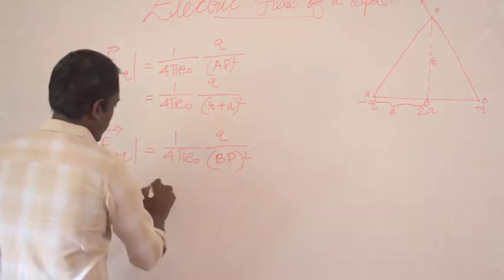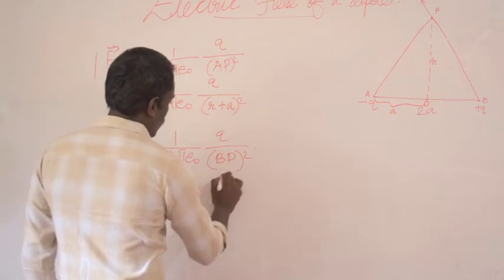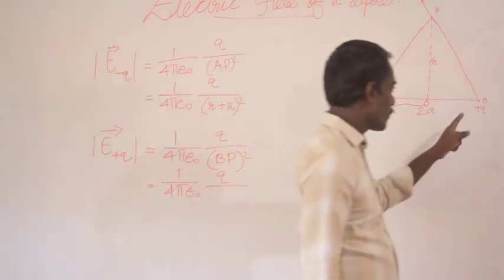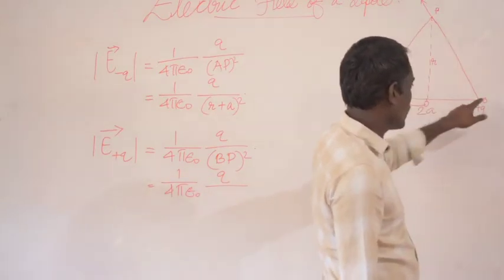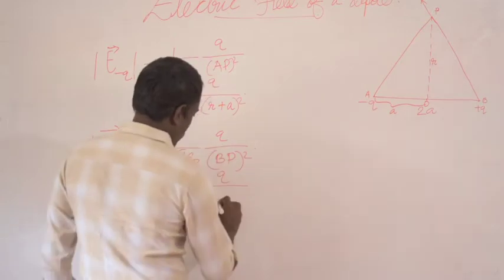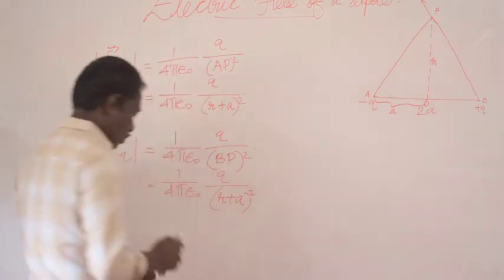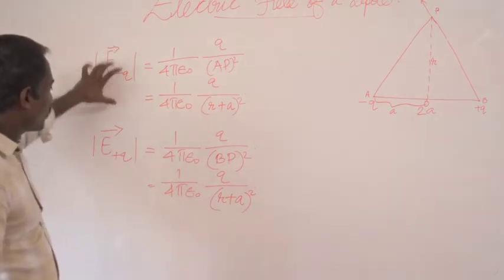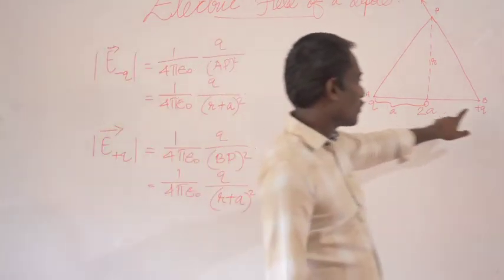That is 1 by 4 pi epsilon 0 into Q divided by BP square, and BP square is R square plus A square. So these are the magnitudes of the electric fields of the two charges, minus Q and plus Q.